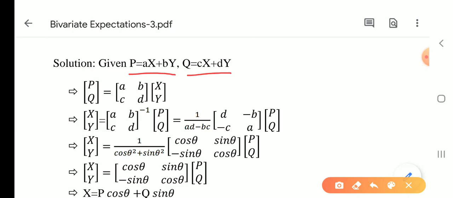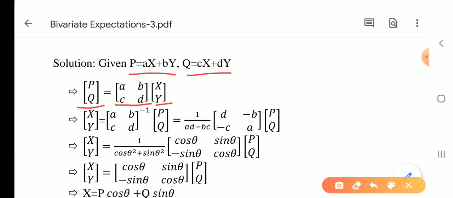We have already studied in the first year of engineering that a system of equations can be written in matrix form. Now on the left hand side we have PQ, so we write it as a column matrix PQ. The coefficients of XY are written in the form of a square matrix ABCD, and again the variables X and Y are written as a column matrix XY.